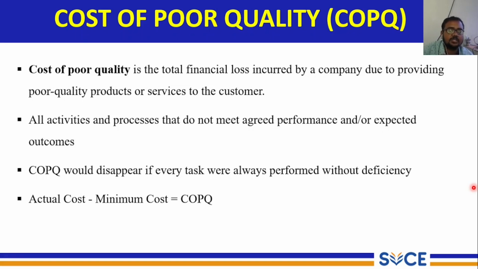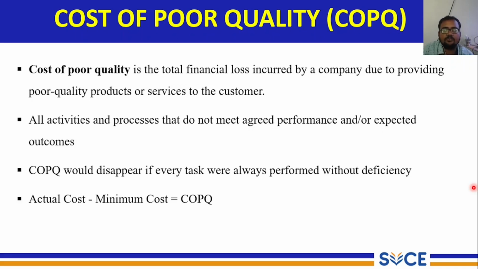Whereas for customer B, if he sees that the tea is perfect, there are no foreign particles or any unwanted particles over there, then he will directly consume the tea. So the minimum cost for manufacturing of the tea required there is 4, right? So that is not going to be your cost of poor quality. Whereas for customer A, the cost of poor quality is going to be the actual cost minus your minimum cost.